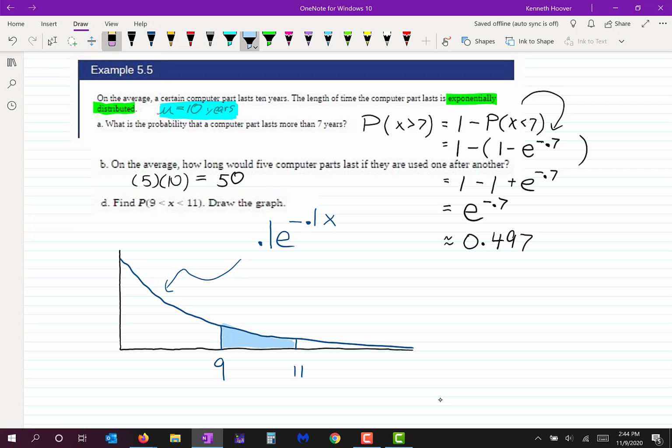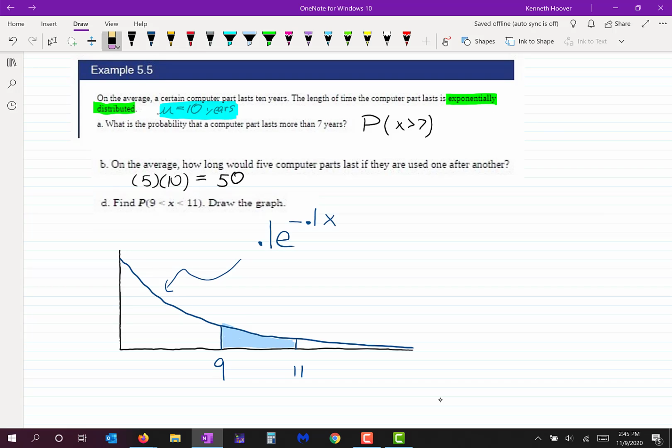I'm going to go ahead and erase this stuff of the questions we already answered so that we have some space here. Okay, so we want the probability that x is between 9 and 11. And the way that we do that is we do the probability that x is less than 11 minus the probability that x is less than 9.